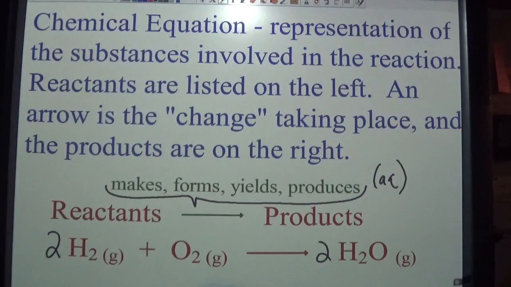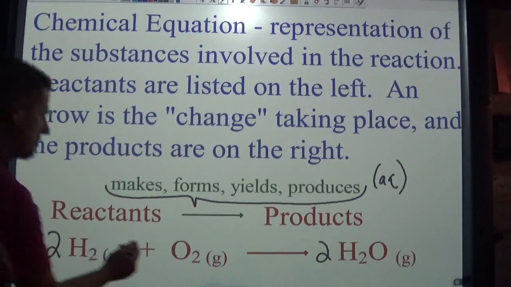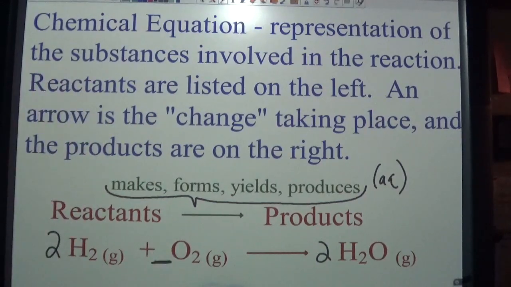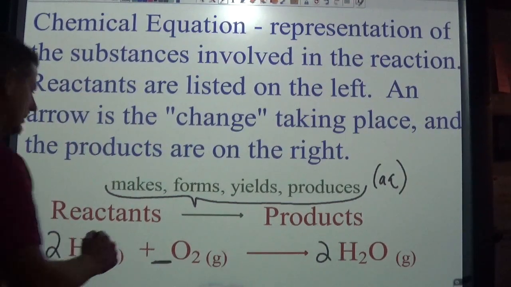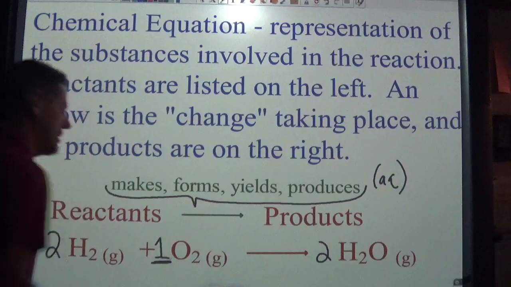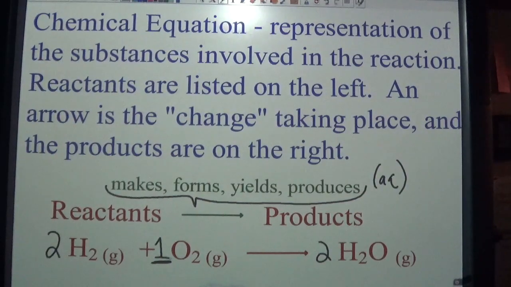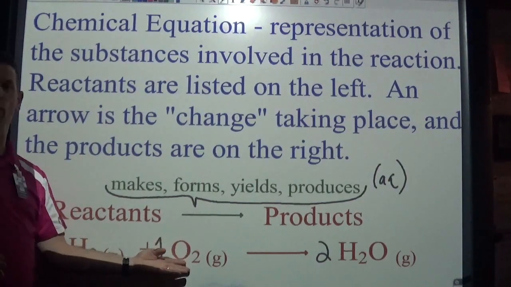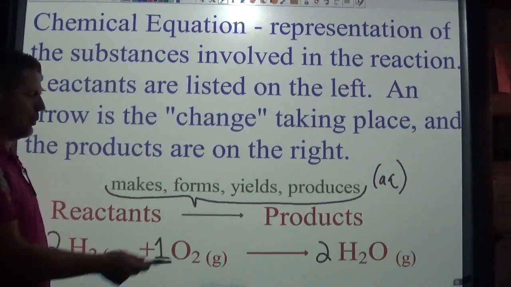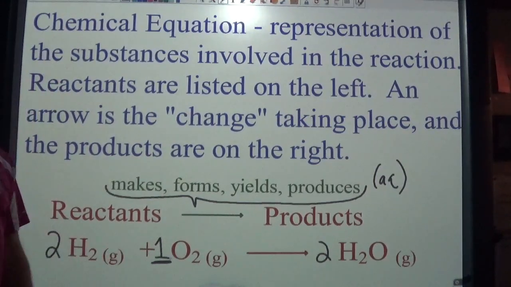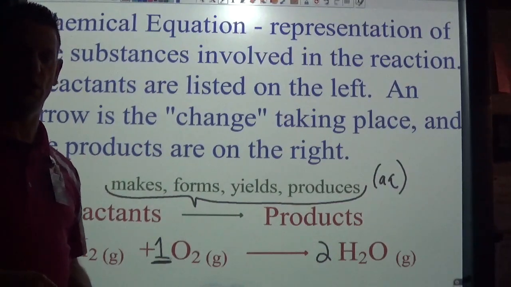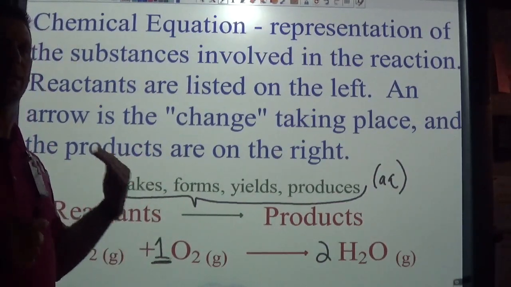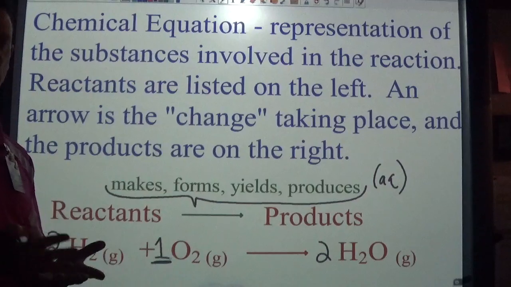Typically in chemistry, we don't write the number 1. But right here in this balanced equation, we are assuming that there is 1 oxygen that is being supported. There has to be one if I wrote the chemical formula. So we use a coefficient of 1 if you want to make sure that people know that. When you go to do an assignment on Moodle, you must have a positive mark that you are answering the question.